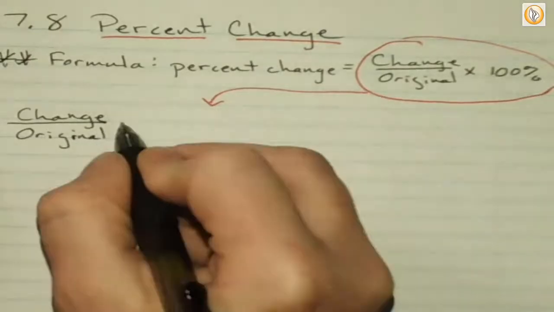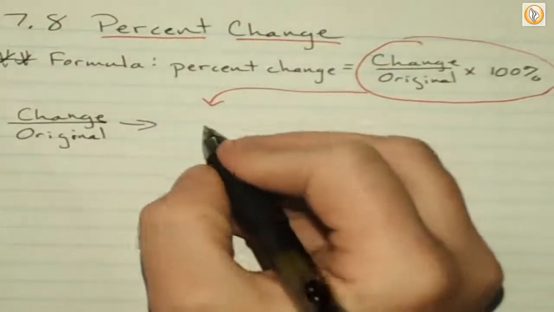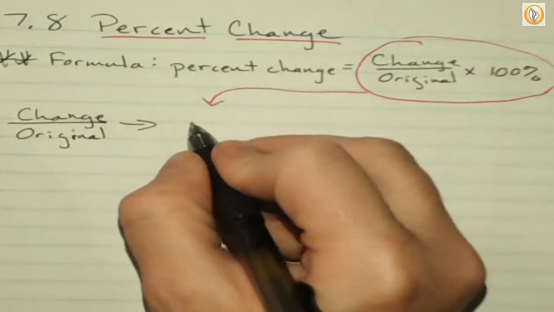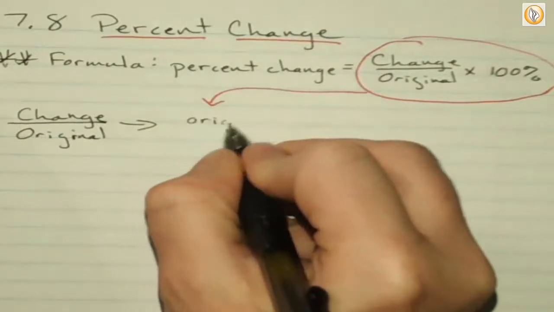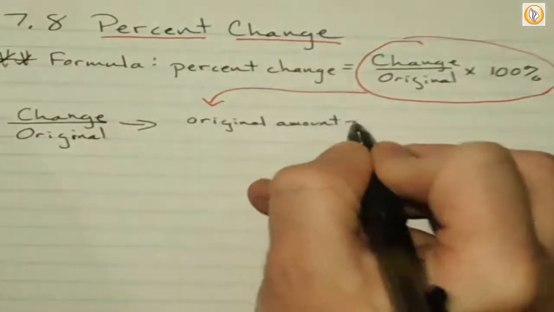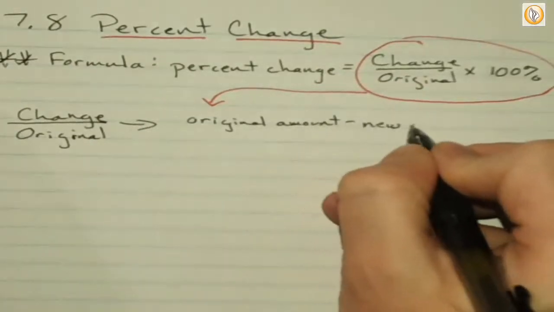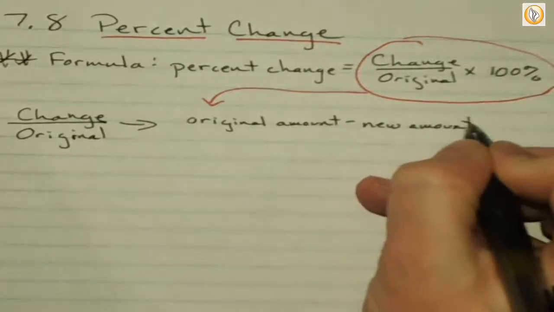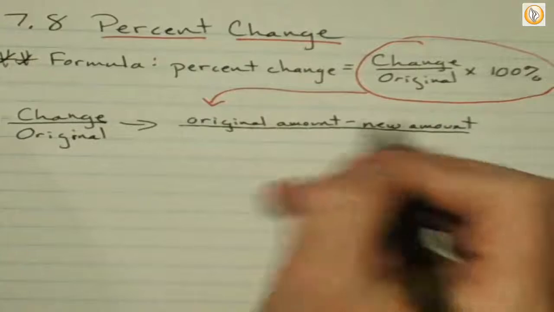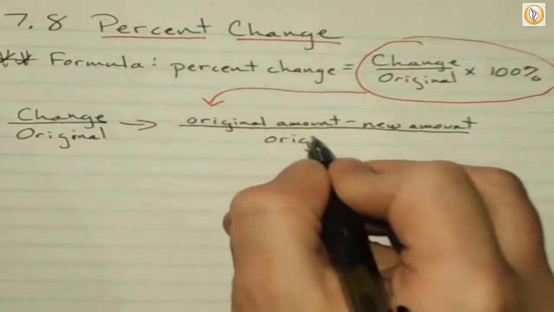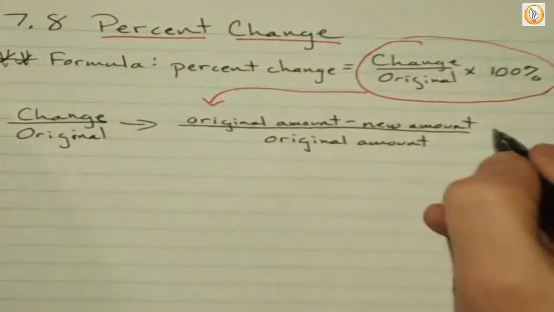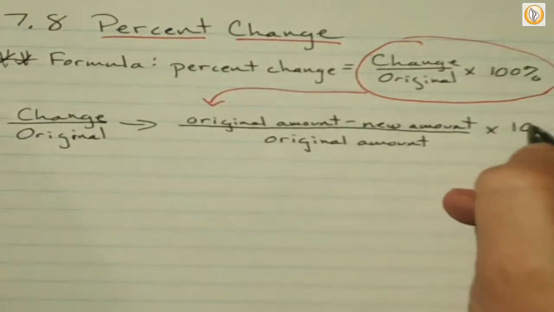Original, what that really means is original amount minus new amount over original amount. And then times 100%.